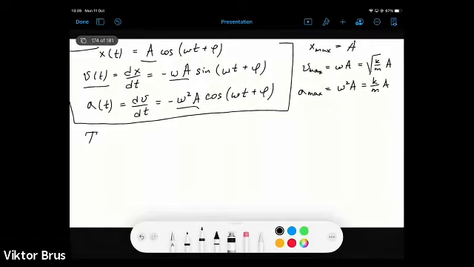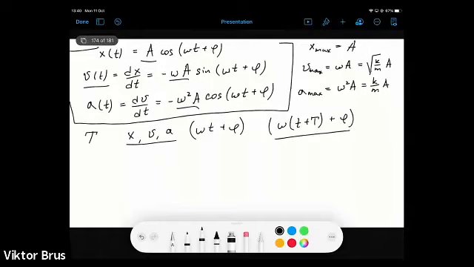That means that these three parameters, displacement, velocity, and acceleration, defined at some phase omega t plus phi, some arbitrary phase constant, will have the same values for another phase, omega times t plus capital T, which is period, plus phi.